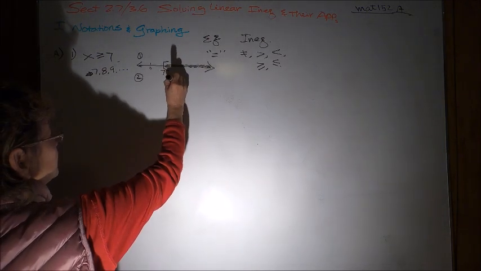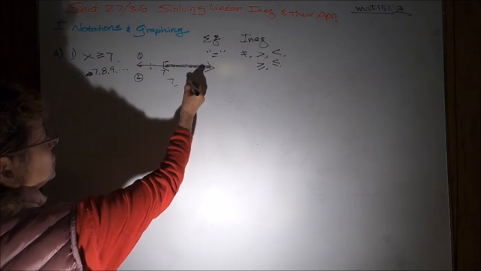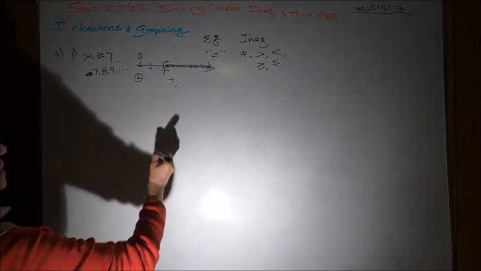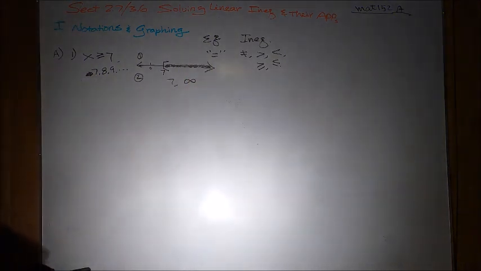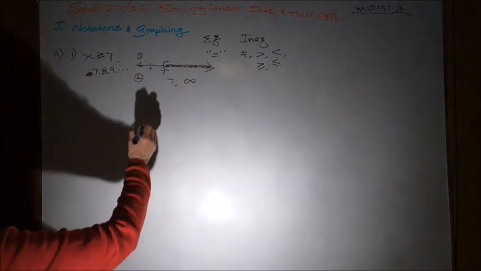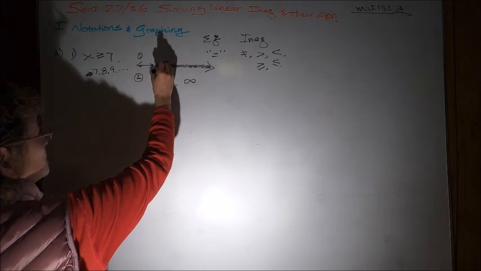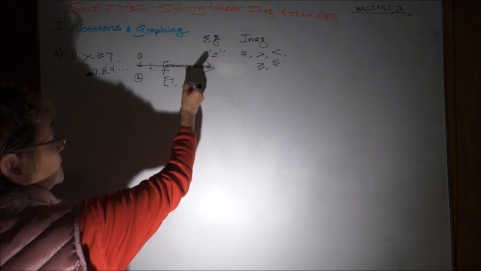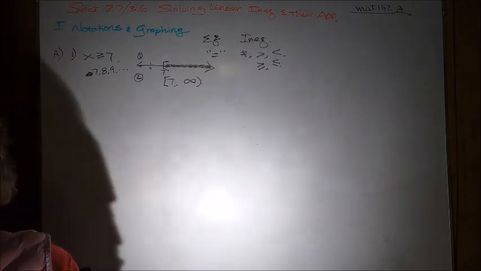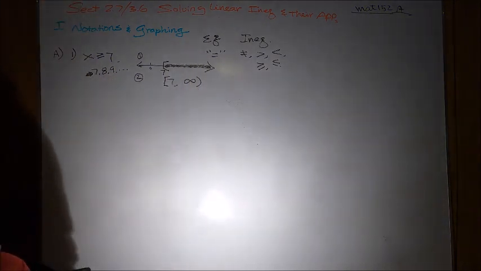So we start from 7 all the way to the end. To where? Forever. Then we use the sideways 8, the infinity symbol. And since you include 7, you use a bracket. And infinity, we always use what? Parentheses, right?